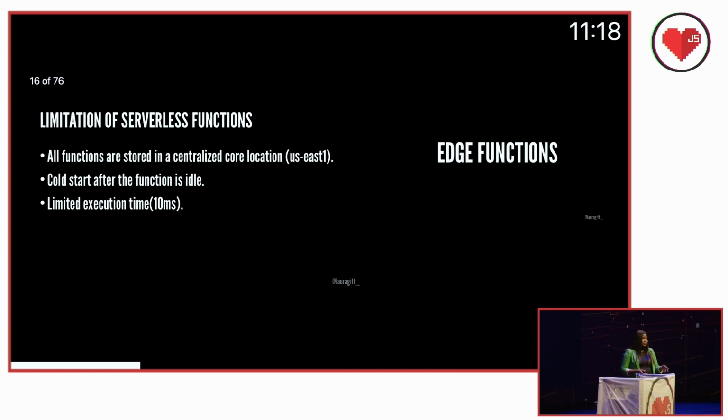Of course, the solution here is to probably upgrade your plan with the provider to have more extended execution time. But really, if you're building a small project and you're already exceeding 10 milliseconds, then there's a problem. And maybe that's not a good use case for the application you're trying to build.